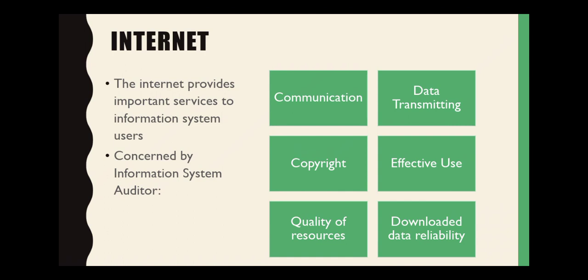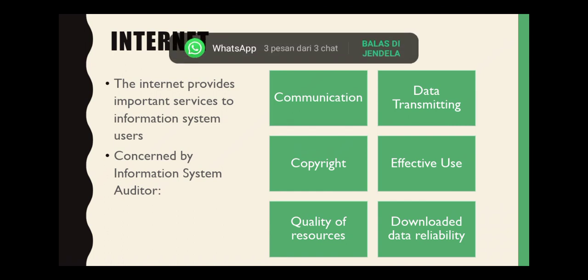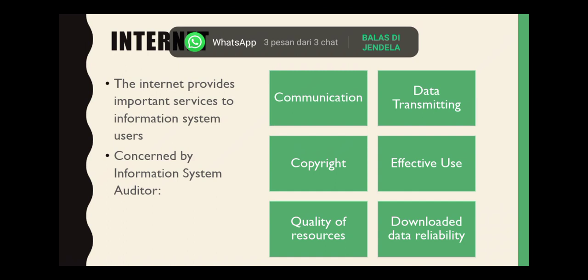Of course, when we use the internet, we will download something from it. So the information system auditor should ensure that the data or content downloaded from the internet is safe.